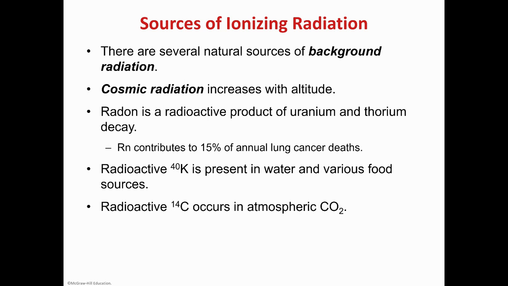As I mentioned earlier, we have food. Food has carbon-14. And then the other one is potassium-40, which is a good one to mention. Potassium-40 is radioactive. It's present in potassium-rich foods like bananas. And we do need to eat potassium-rich foods because our body relies on potassium as an electrolyte, but we're going to be ingesting some natural forms of radiation.